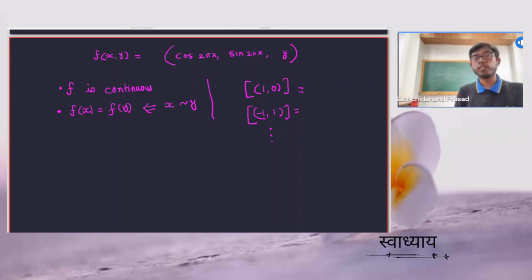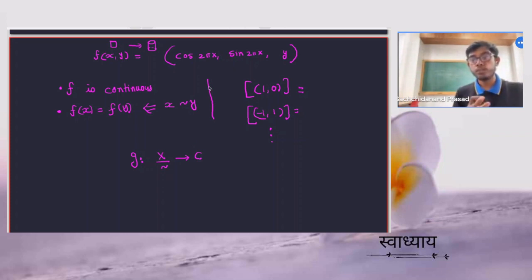Okay, so we got a function from the square sheet to the cylinder, and this function is a continuous function. So by the theorem, there is a continuous map from the quotient space to the cylinder.